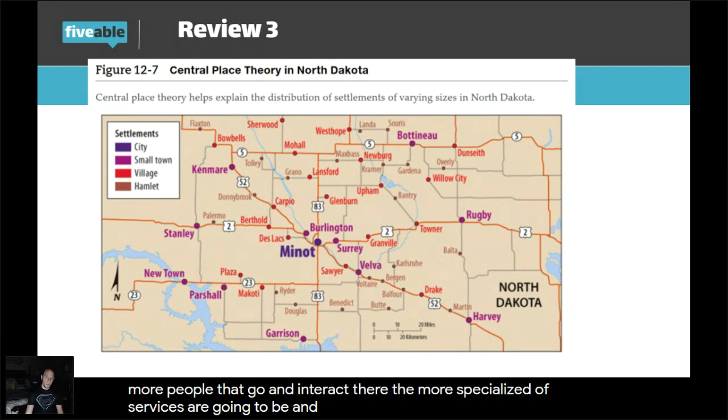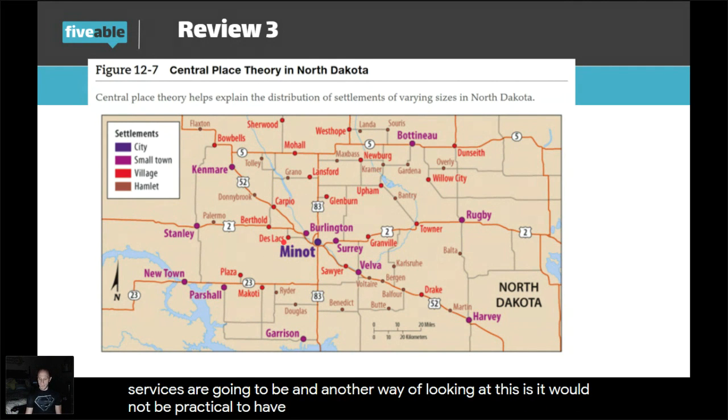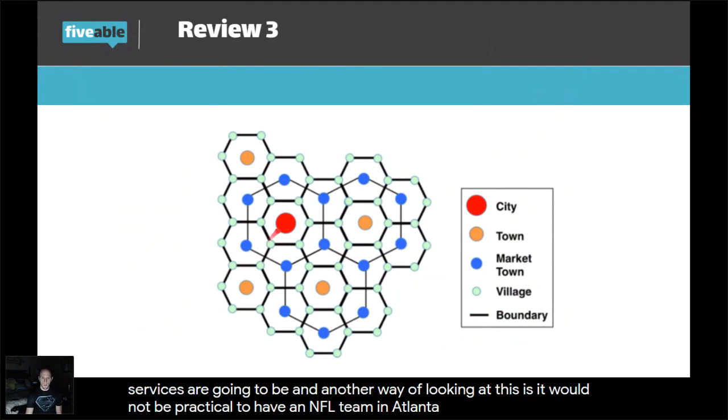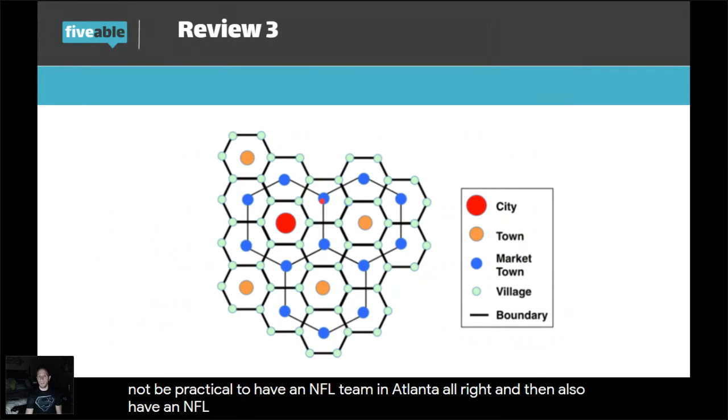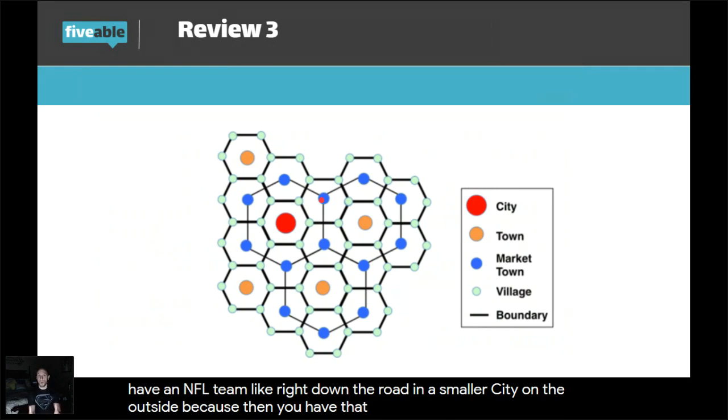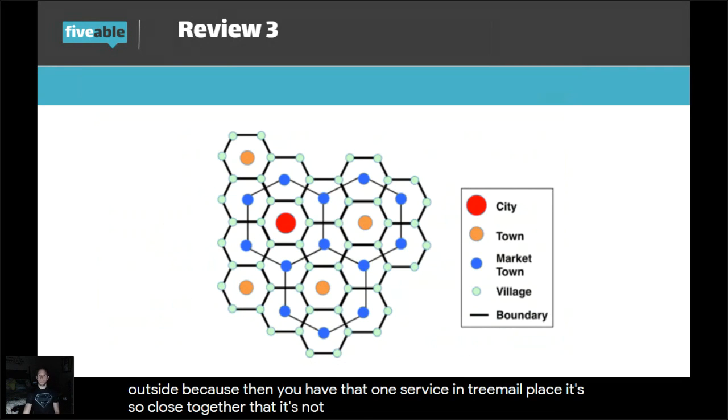And another way of looking at this is it would not be practical to have an NFL team in Atlanta, all right, and then also have an NFL team right down the road in a smaller city on the outside, because then you have that one service in a place that's so close together that it's not going to be profitable.